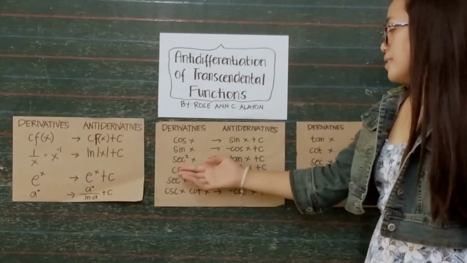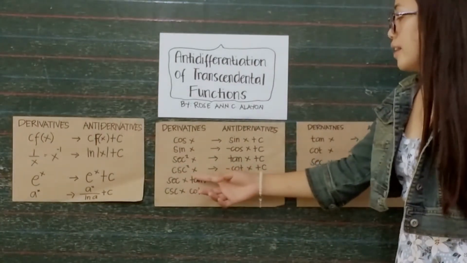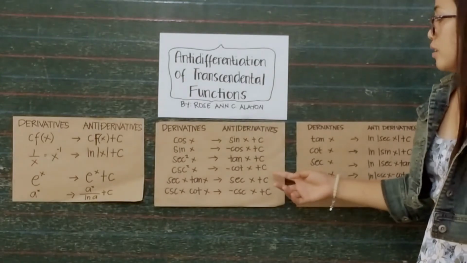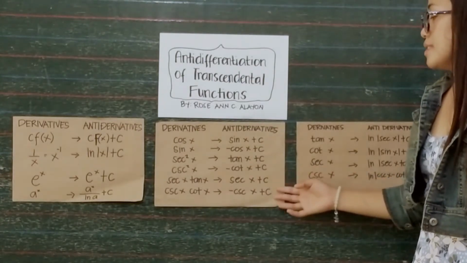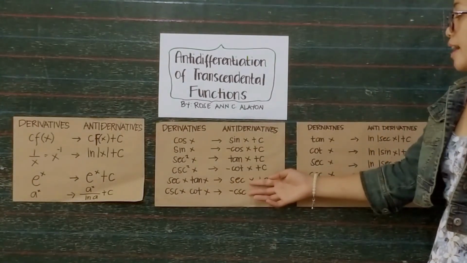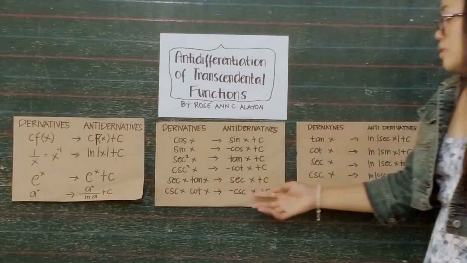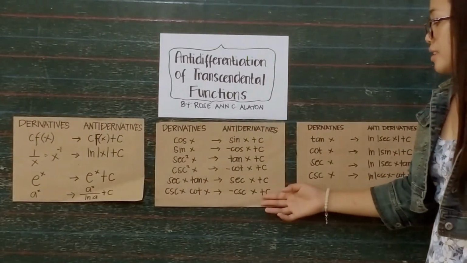Secant squared x is equal to tan x plus c. Cosecant squared x is equal to negative cotangent x plus c. Sec x tan x is equal to sec x plus c. Cosecant x cot x is equal to negative cosecant x plus c.